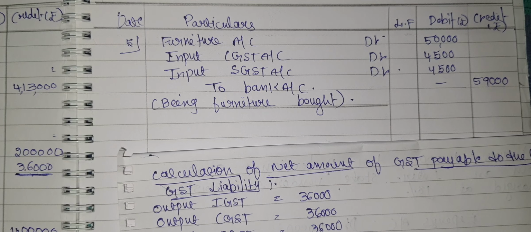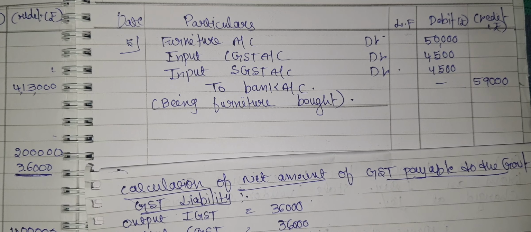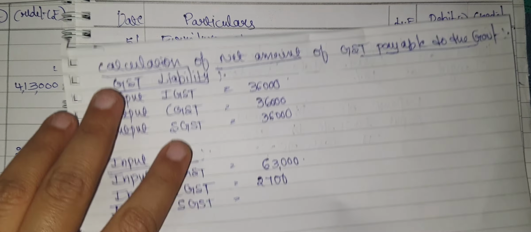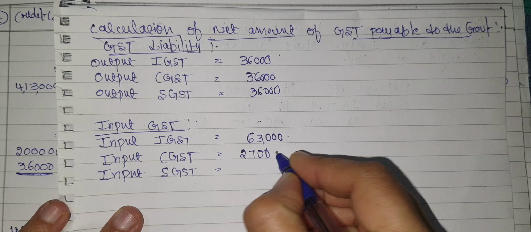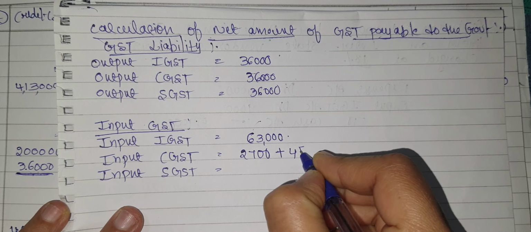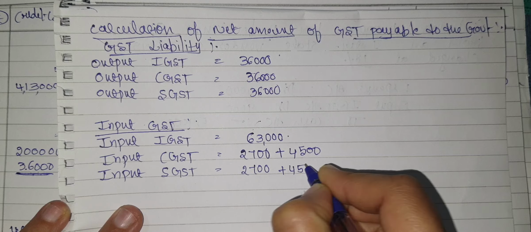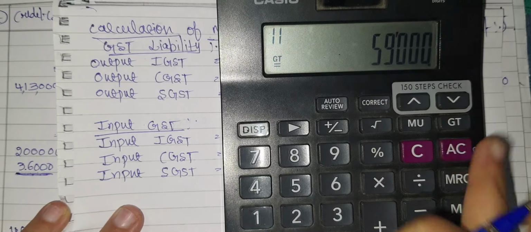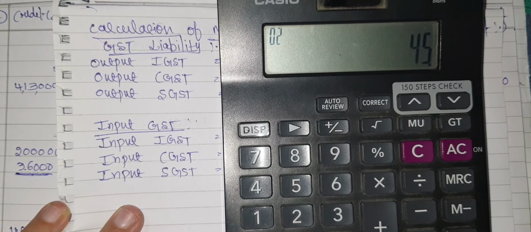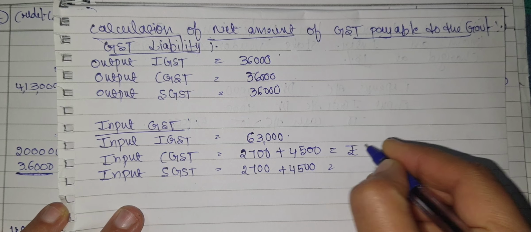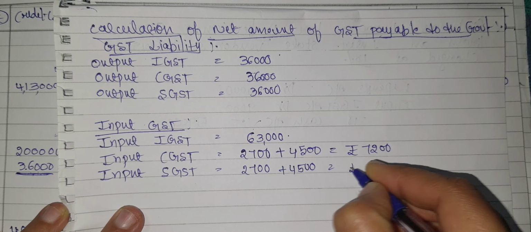So input CGST is 2,700 plus 4,500, and input SGST is also 2,700 plus 4,500, that is equal to rupees 7,200.